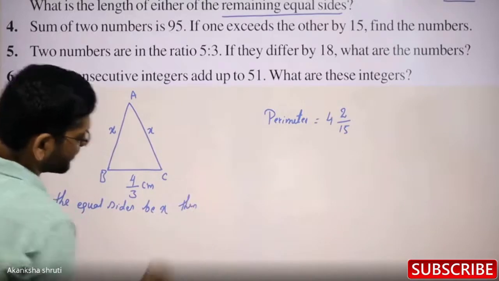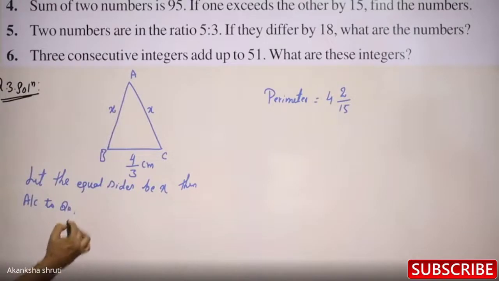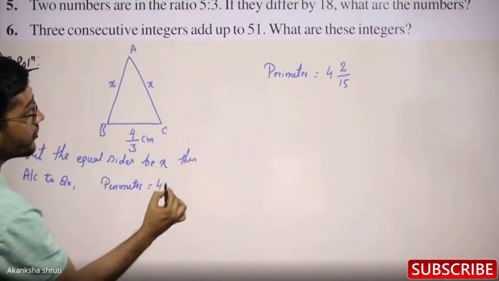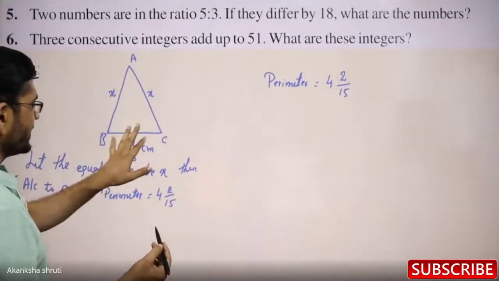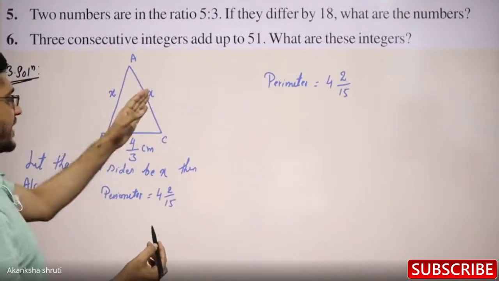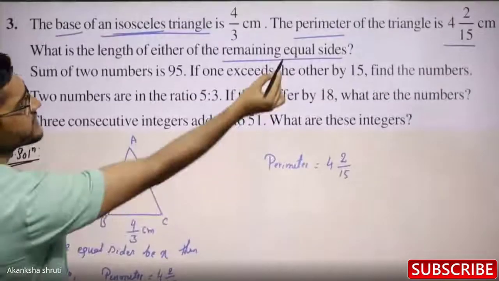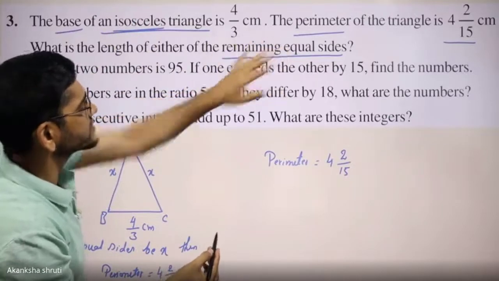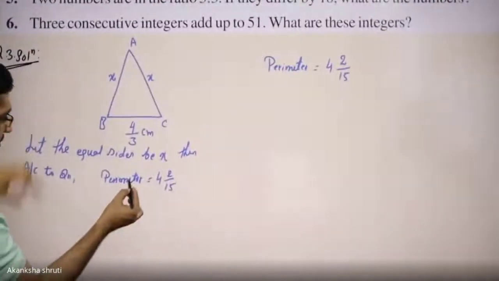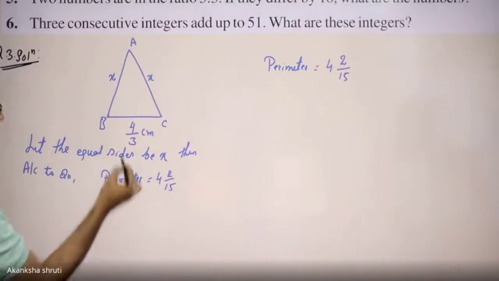Then what is according to the problem? According to the question, we have the perimeter as 4 2 by 15. Two things were given: the base, and the other equal side was asked. We had assumed that as x. Then the given condition is its perimeter. This way, each and every word or entire statement we have used. So from perimeter equals 4 2 by 15, we can find this x.